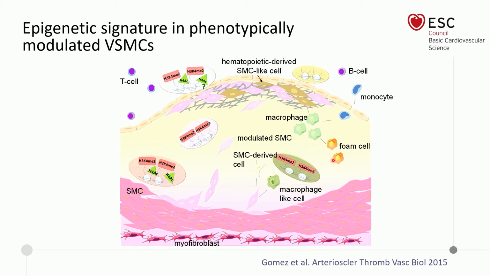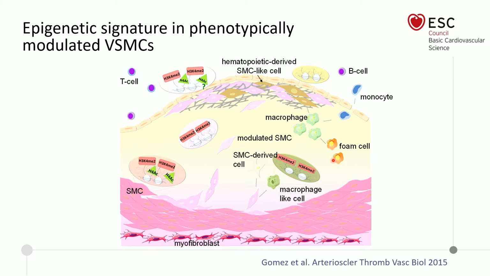And here is a very nice, elegant illustration of epigenetic modification in atherosclerosis, in plaque. Here are vascular smooth muscle cells. And in plaque, in atherosclerosis, there are many cell populations: normal cell populations coming from the arterial wall, such as endothelial cells, smooth muscle cells, and fibroblasts, but also other extravascular cells such as platelets, monocytes, macrophages, and so on.